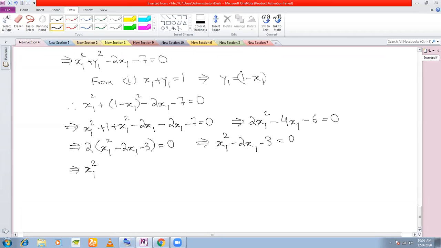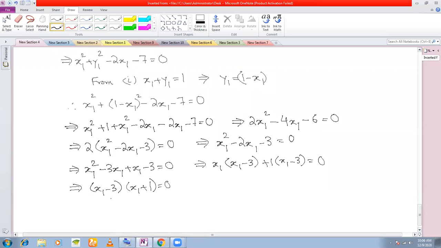You break up the middle term as minus 3x1 plus x1. So you get x1 common, x1 minus 3 plus 1, x1 minus 3 equal to 0. So you're getting x1 minus 3 into x1 plus 1 is equal to 0.